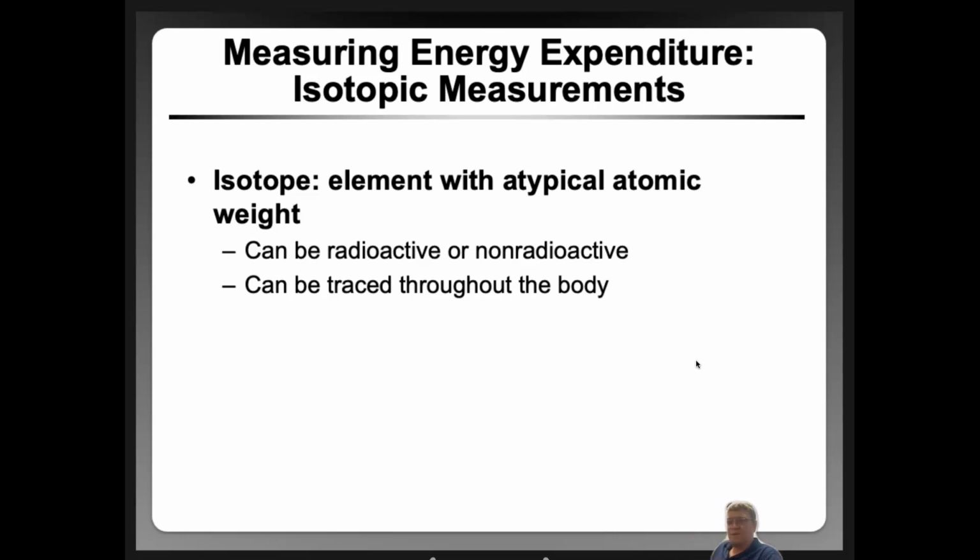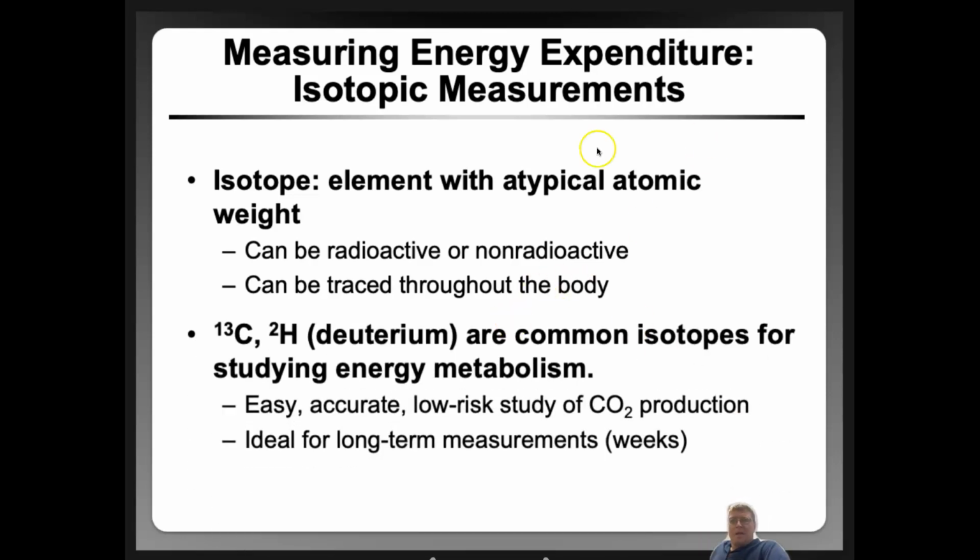It would be traced throughout the body. Deuterium, I can't pronounce things super well, is a common isotope for studying the energy of metabolism. It's fairly low risk, and it measures CO2 production. It's ideal for long-term measurements.